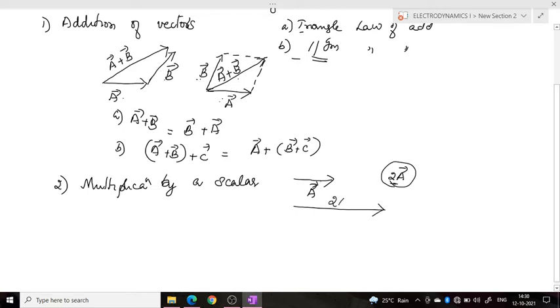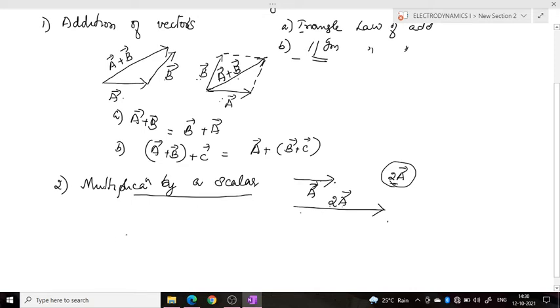So when we multiply a vector by a scalar, the magnitude is multiplied, keeping the direction the same. That is an important point.